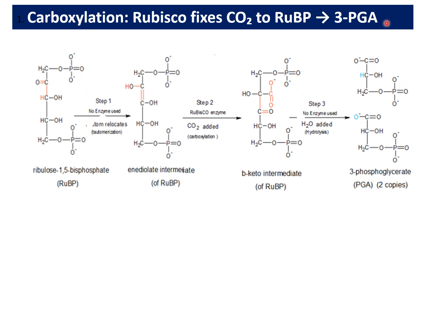Remember, 3-phosphoglyceric acid is a 3-carbon compound, and this is the first stable compound of this cycle. Therefore, this pathway is also known as C3 pathway.